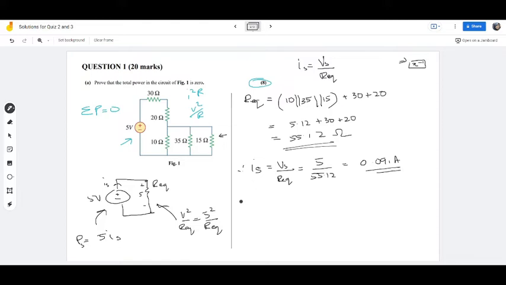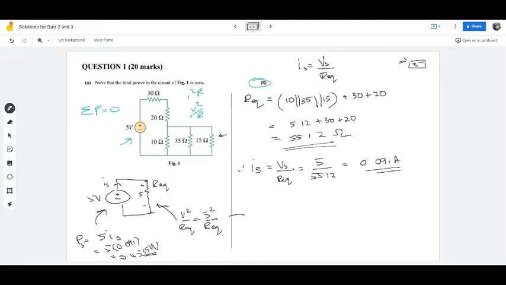Now can you find the P power supply? Quickly, you can just put the values in: 5 multiplied by 0.091, you will get around 0.4535 watt. Don't forget your unit is watt.